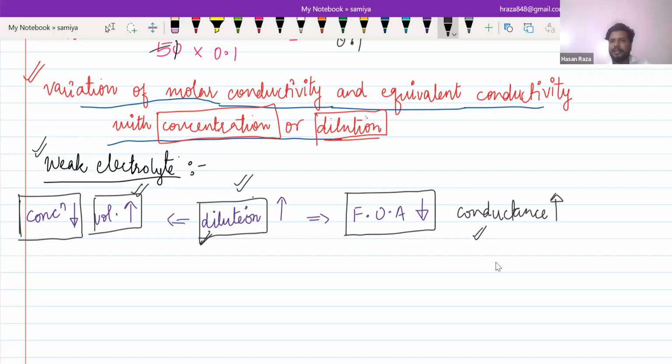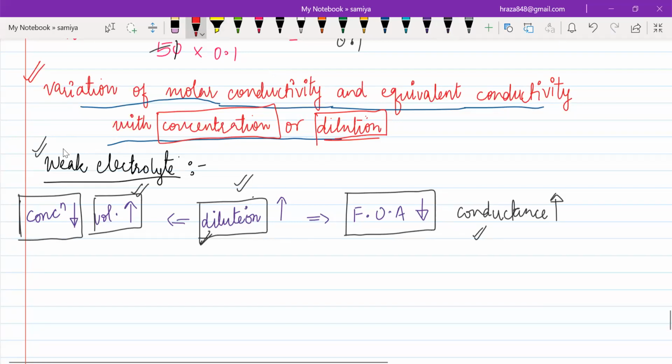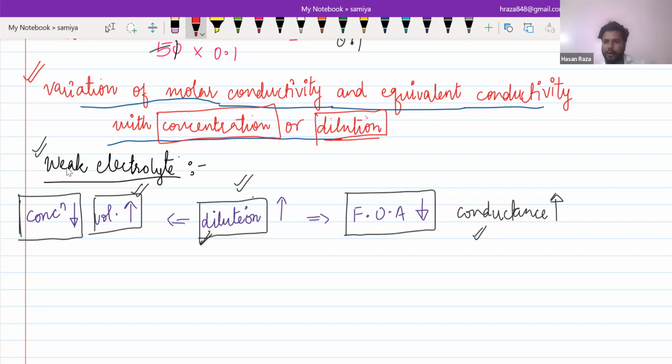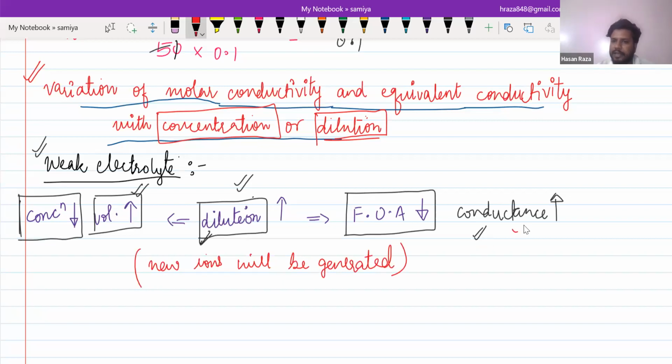See, what happens here is, in weak electrolyte, if you dilute it for a long time, that means if you add more and more solvent, new ions will be introduced, because the force of attraction is so low that it will be dissociated. So I am going to write here, new ions will be generated. And if new ions will be generated, that means conductance is very high.